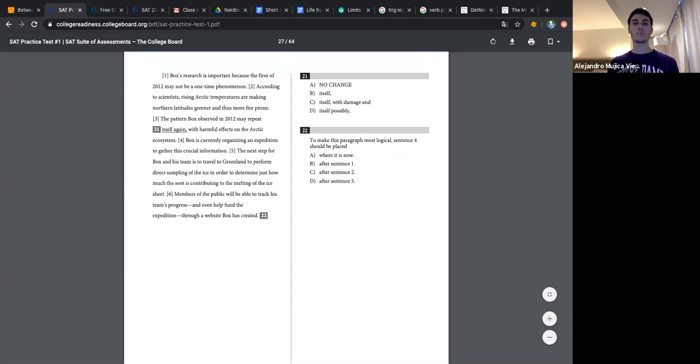So latitude becomes greener and more fire prone. And this we know is evidence of what we said before, that it might not be a one-time phenomenon. The fires might not be a one-time phenomenon, because we talk about fire again. So that's just like looking at the key parts first, and then branching out towards the modifiers to understand how the meaning is created.